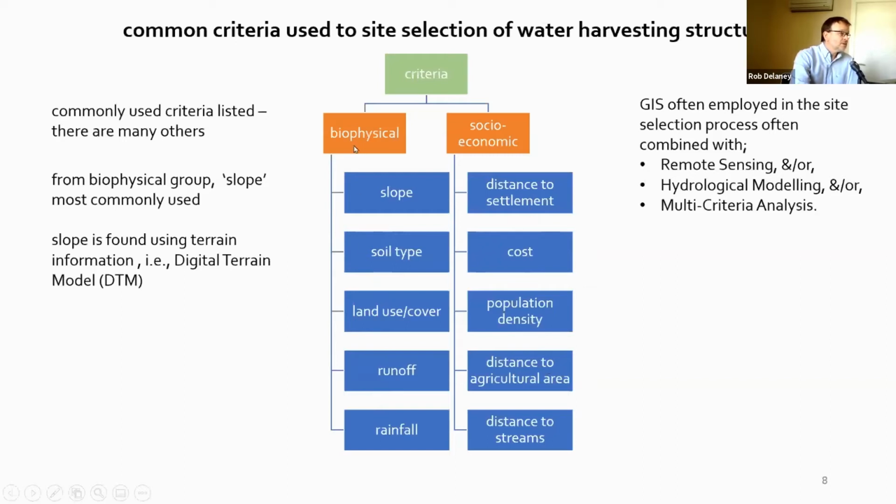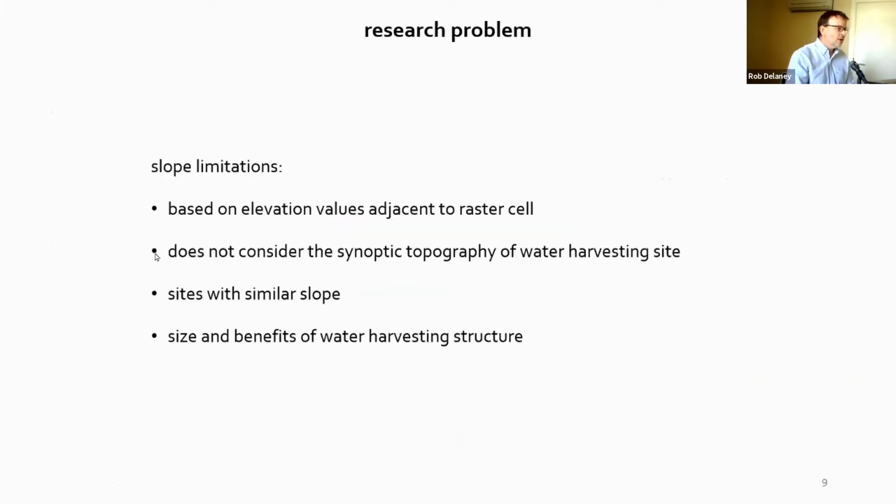With the biophysical, the most common criteria that is used is slope, and for that, the terrain information is used. A digital elevation model or digital terrain model is used to identify the slope, and that's the most common criteria. But there are limitations with slope.